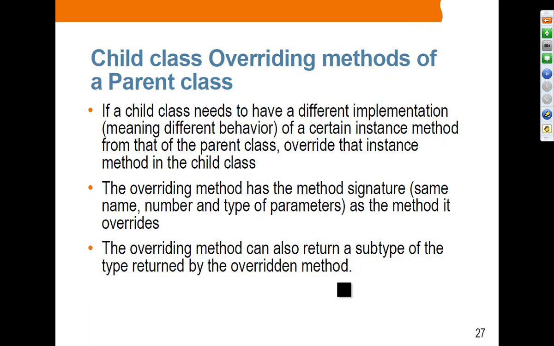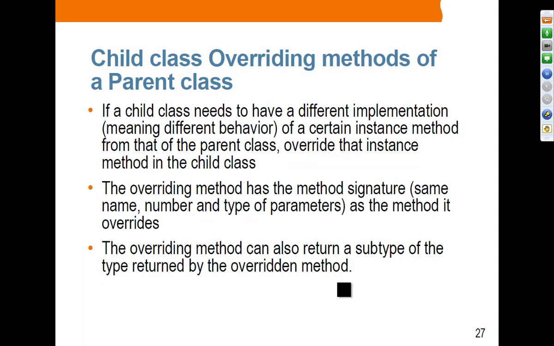the child class can override that instance method. This is called overriding a method. Now, this overriding method has to have the same method signature. When I say method signature, I'm talking about the same method name and the same set of parameters, meaning the types as well as the number of parameters.